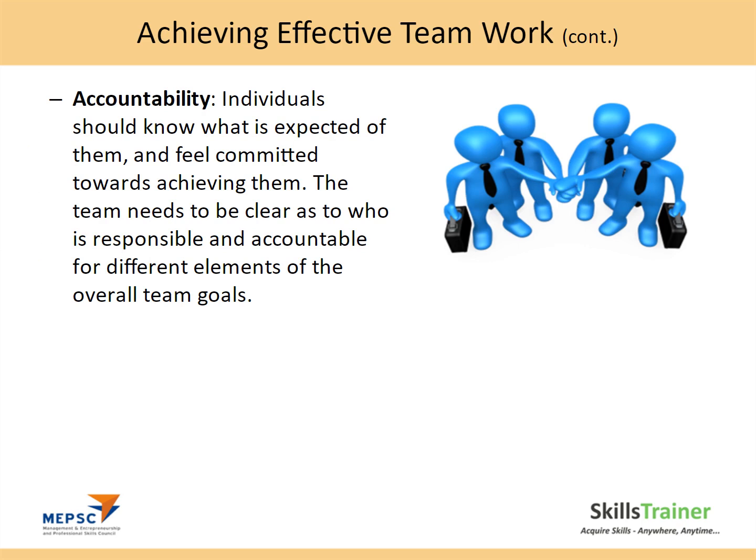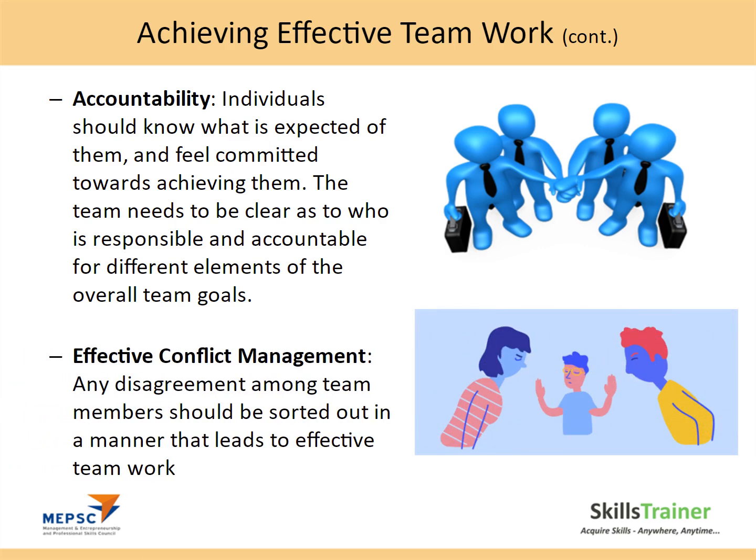Individuals should know what is expected of them and feel committed towards achieving them. The team needs to be clear as to who is responsible and accountable for different elements of the overall team goals. Effective conflict management. Any disagreement among team members should be sorted out in a manner that leads to effective teamwork.